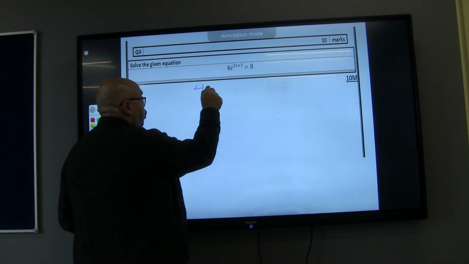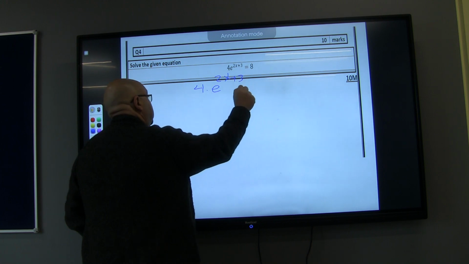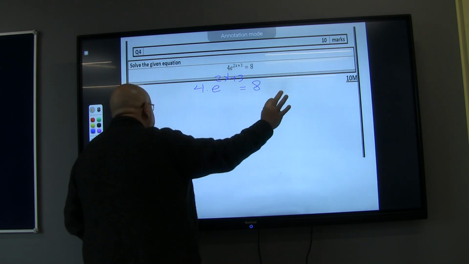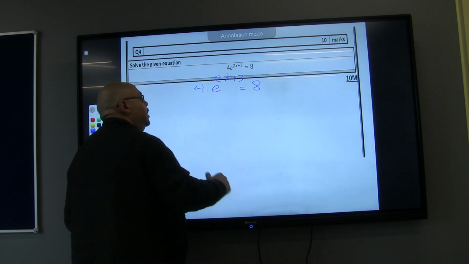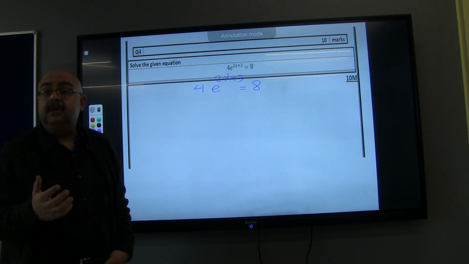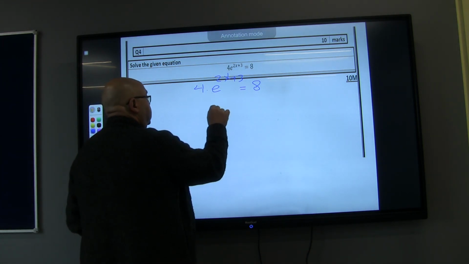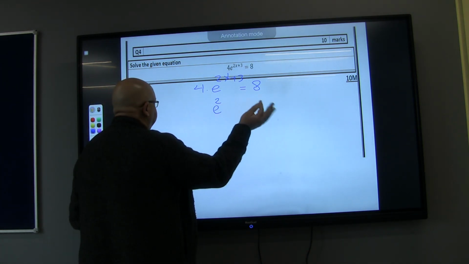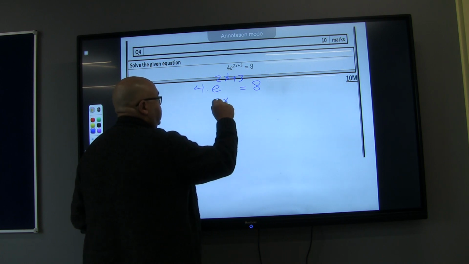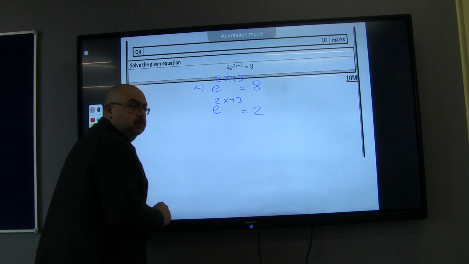So we have 4 times e to the power of 2x plus 3, which equals 8. Don't use the logarithmic function at the time being. Some of the students make a lot of mistakes in this part. First thing, get your exponential function by itself, so simply divide both sides by 4. So it's going to be e to the power of 2x plus 3, which simply equals 2.